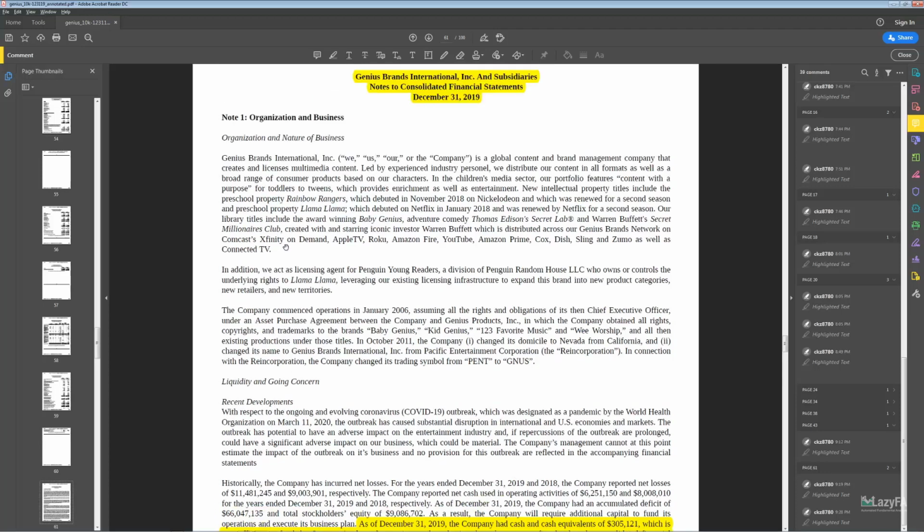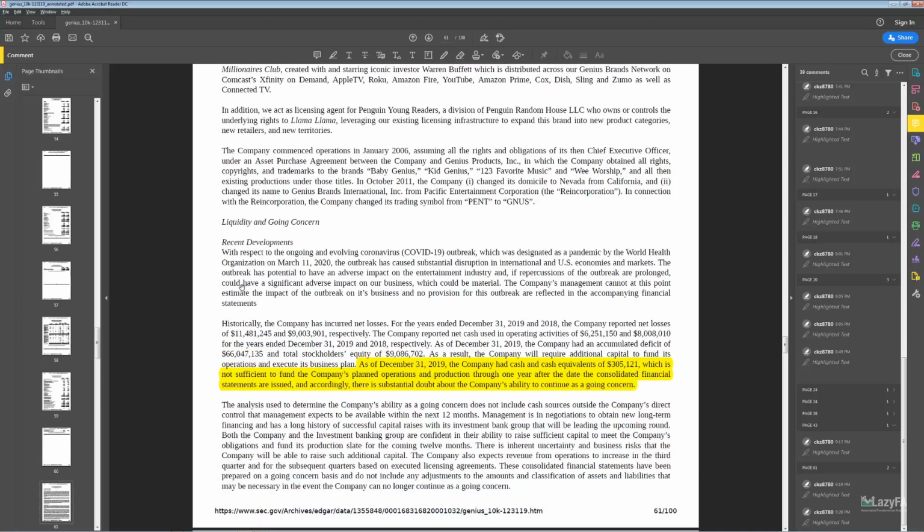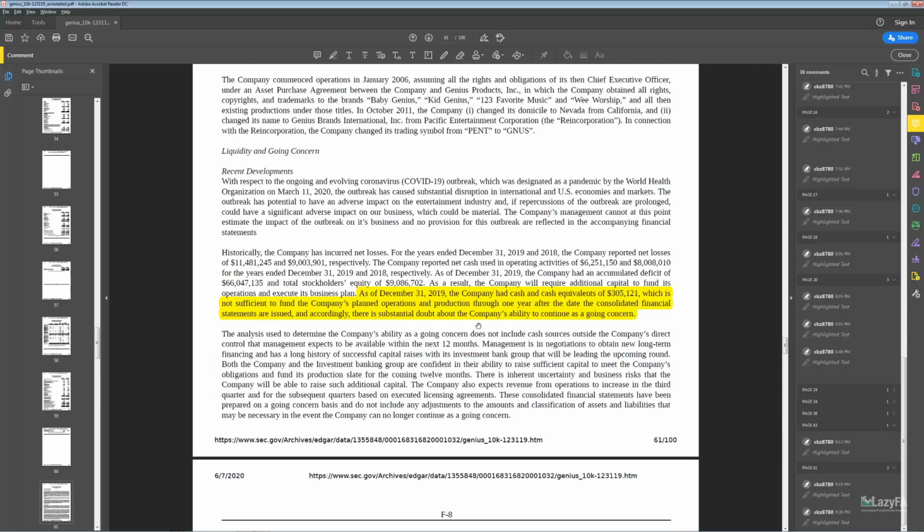And that's where I found in this one of the things I always look for, is this phrase, ability to continue as a going concern. So as of December 31st, the company had cash of $305K, which is not sufficient to fund the company's planned operations and production through 1 year after the date of the financial statement.